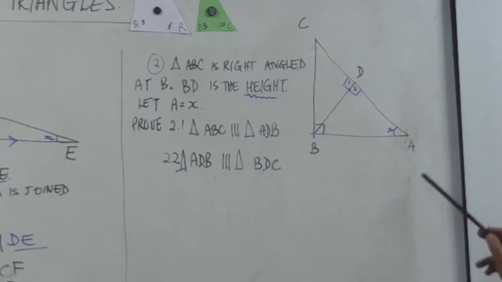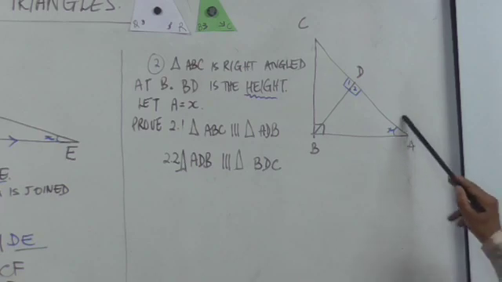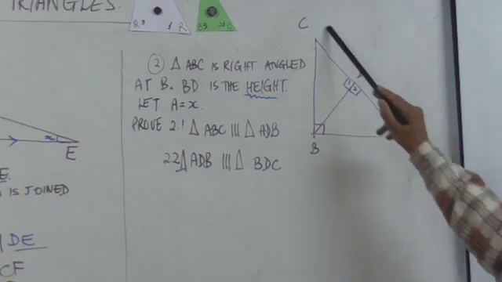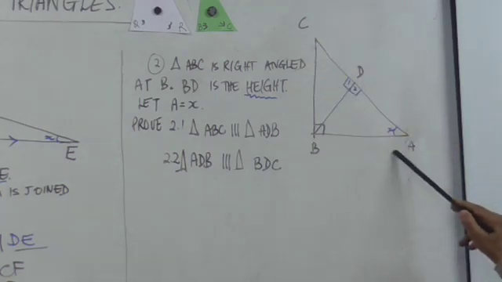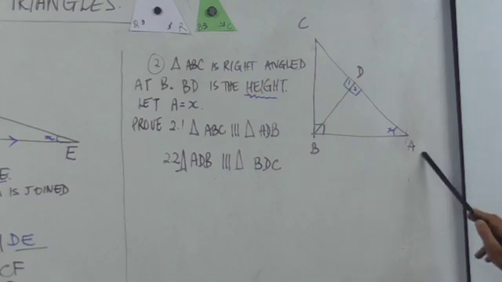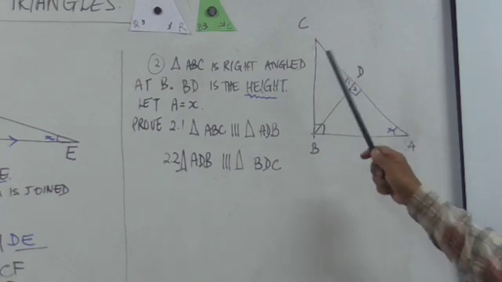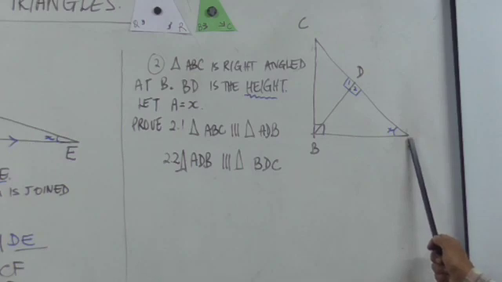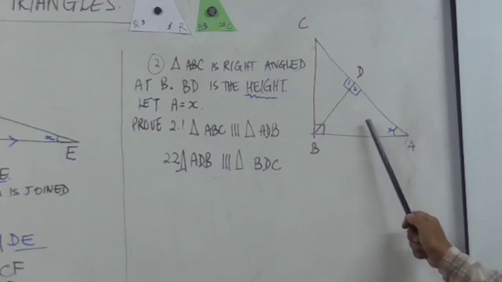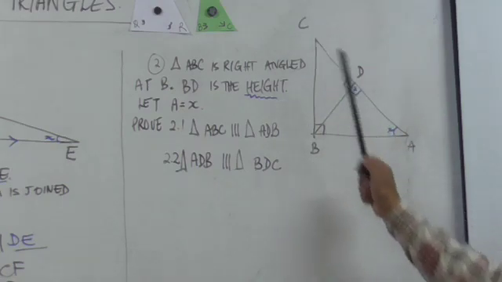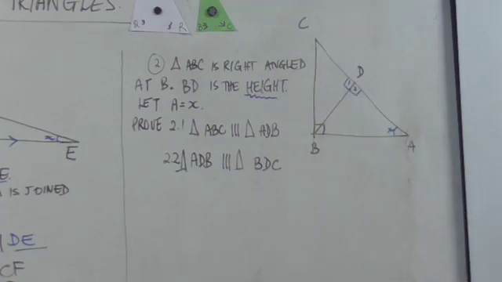If we look carefully, A belongs to this small triangle and A belongs to the big triangle. So A is common. In the small one we got X and 90. In the big one we got X and 90. Or you can just say that A is common.